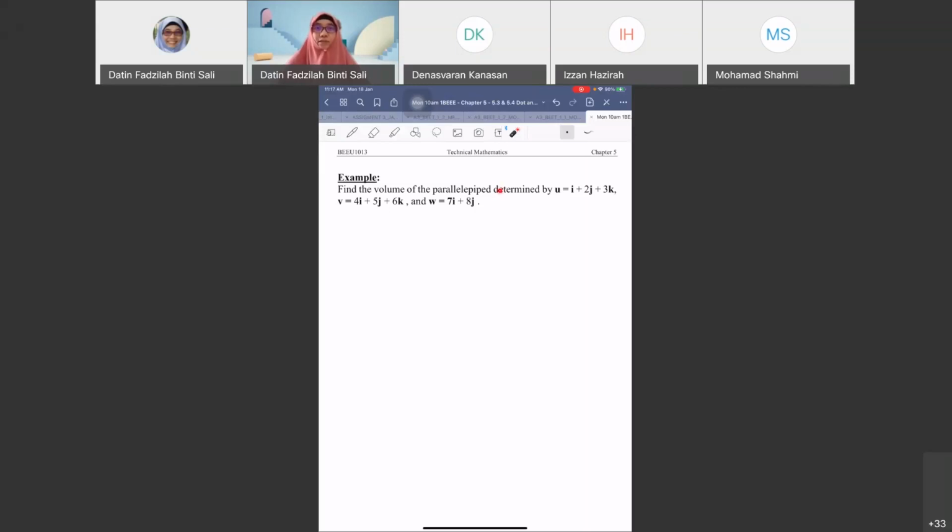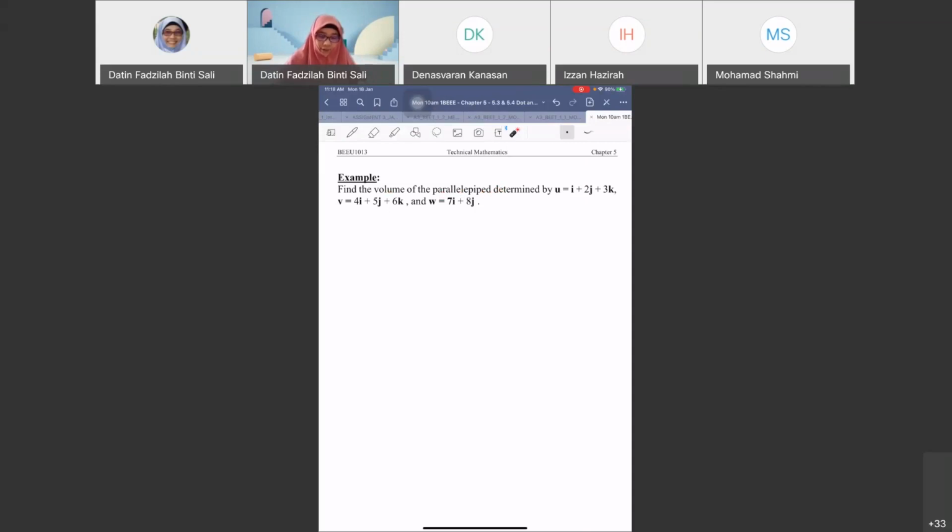Volume is for three-dimensional. If it's volume, volume of parallelepiped. If it is area, area of a parallelogram. It's the same like if it is two-dimensional, we call it square, right? If it's three-dimensional, it becomes a cuboid.